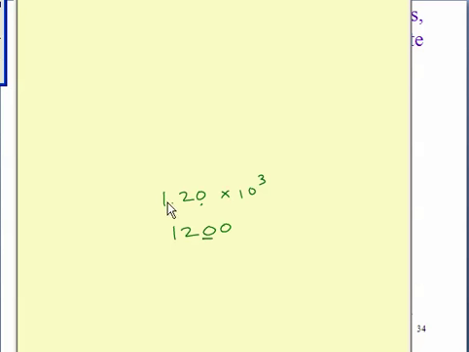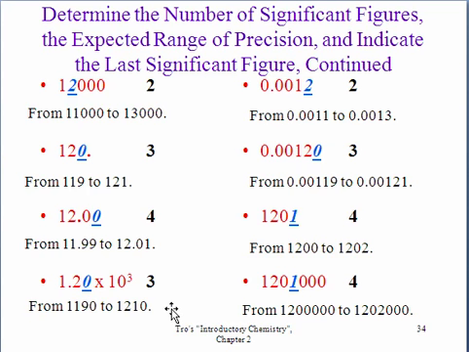This number actually is 1,200, but according to measurements, this is where my estimated digit is. So it's going to be plus or minus 10. So it goes from 1,190, which would be this value minus 10, to 1,210, which is this value plus 10. So that's where this came from.